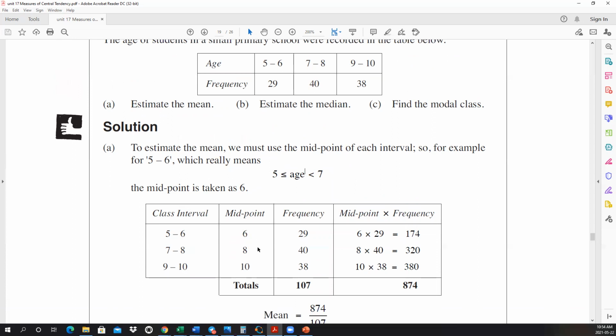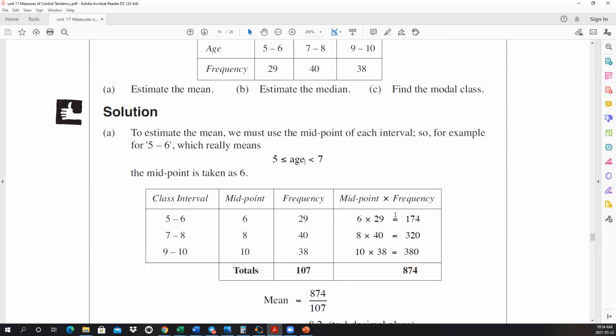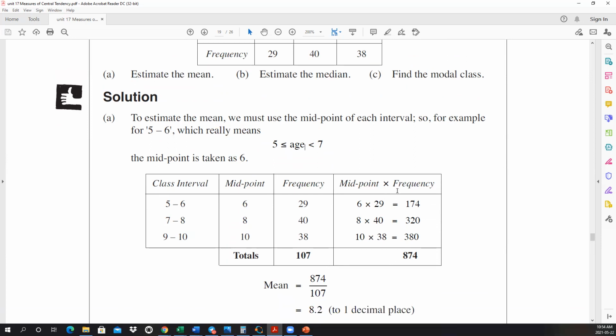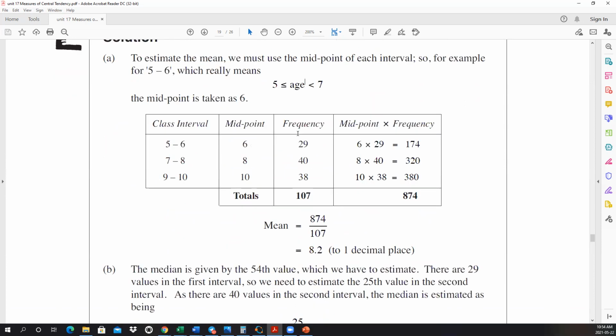All right, so we have the midpoint. We'll multiply the midpoint and the frequency, and we take the sum of it and we divide by the 107. 107 is the total. And then of course we do the multiplication here. So we understand how we get the midpoint, because this 5 to 6 is really the age being greater than or equal to 5, but less than 7.